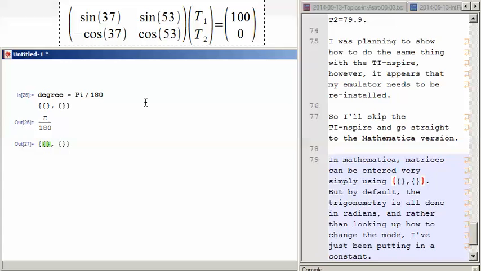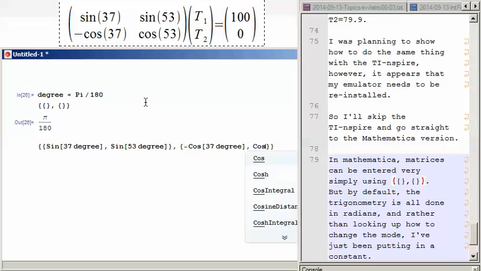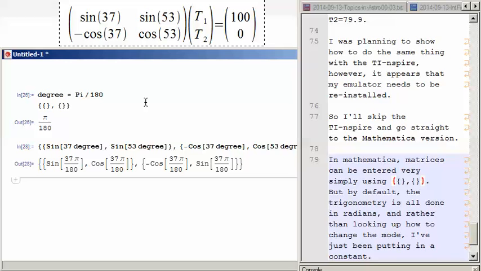So anyway, this is going to be sine of 37 degree, comma, sine of 53 degree, and negative cosine of 37 degree, and comma, cosine of 53 degree. And let's see how that comes out.